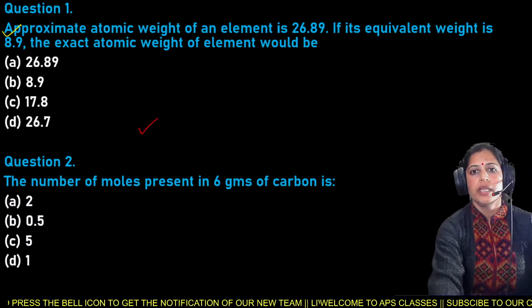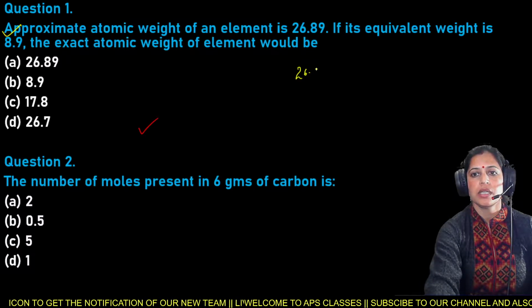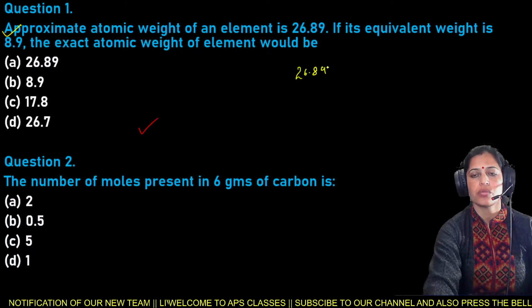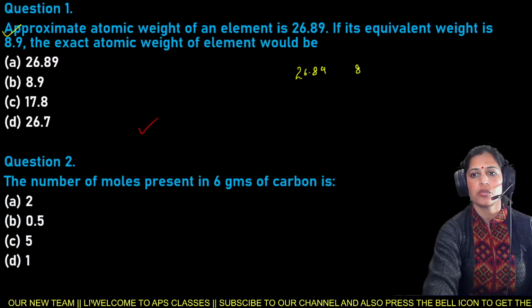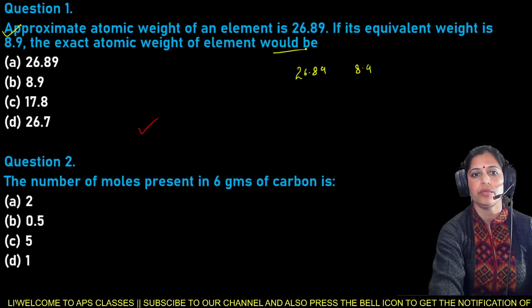The approximate atomic weight of an element is 26.89. If its equivalent weight is 8.9, then the exact atomic weight of the element would be.